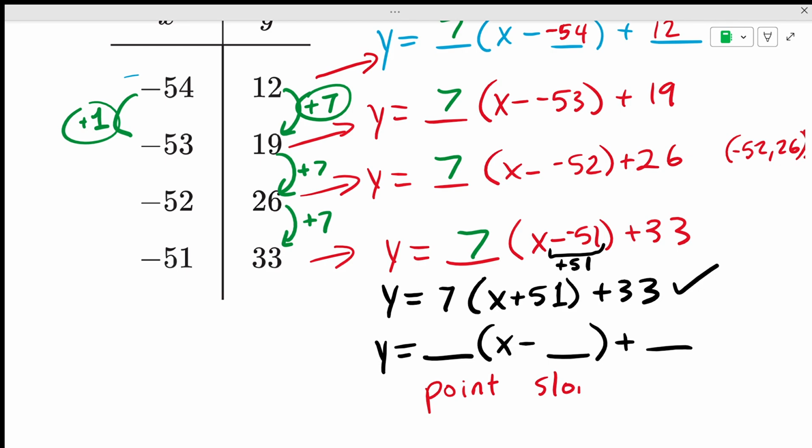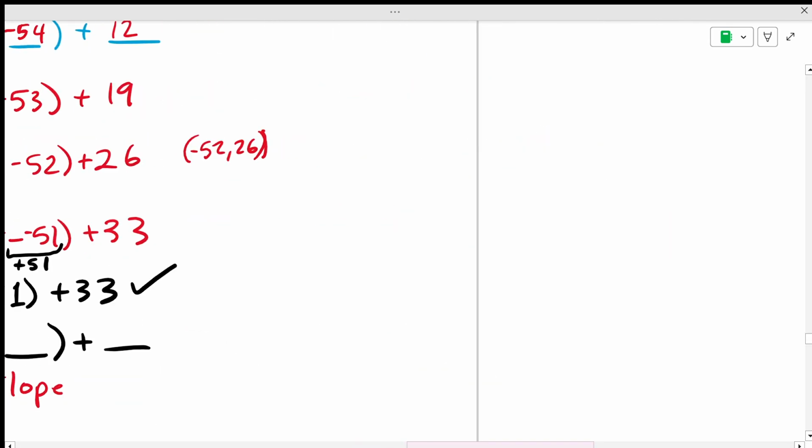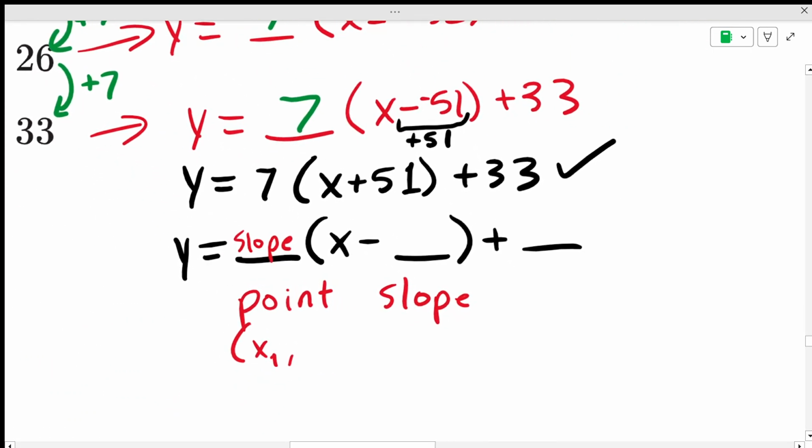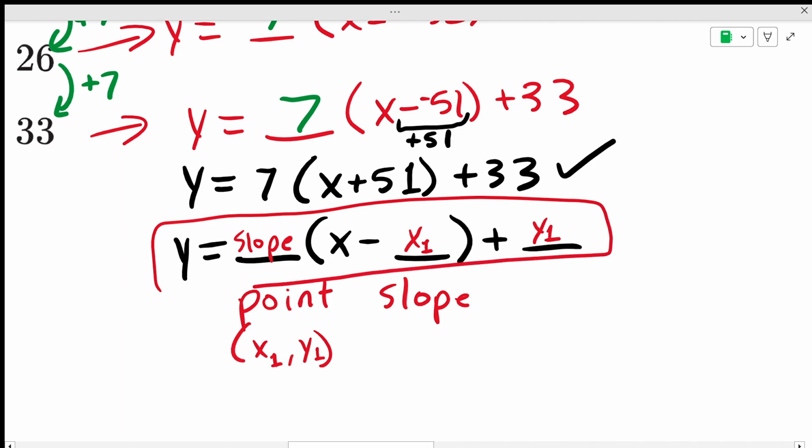And it's called that because all you need is a slope and a point, x1, y1. The x goes with the x, so the first x value is there. And the y goes on the outside, y1. This is our point slope form.